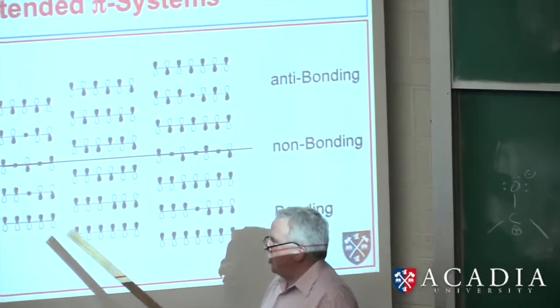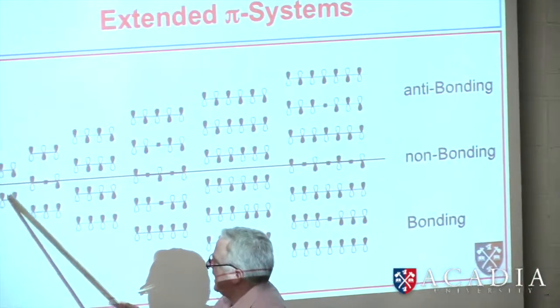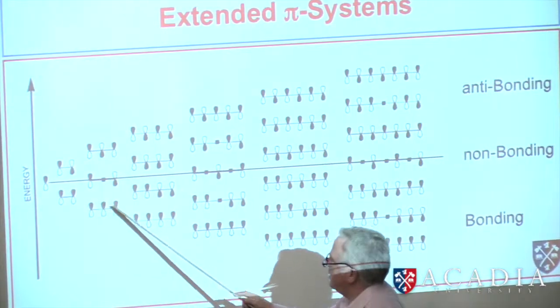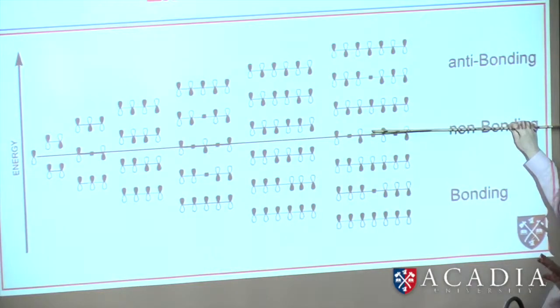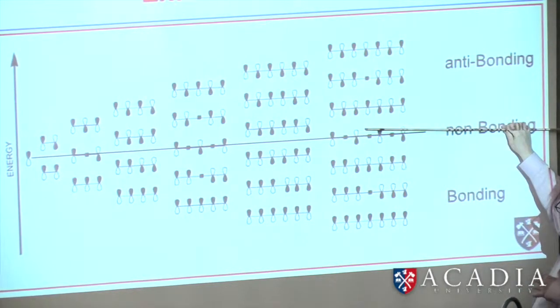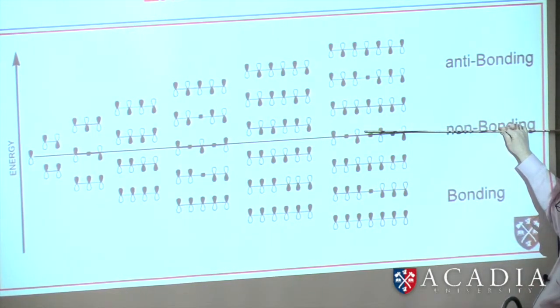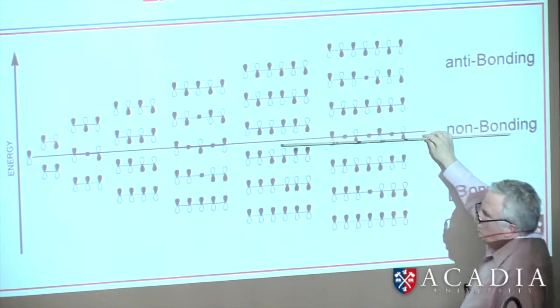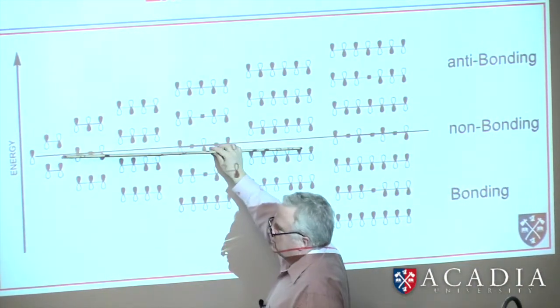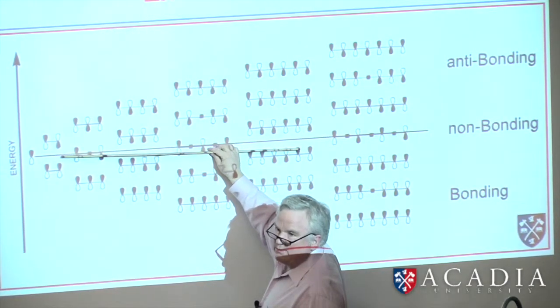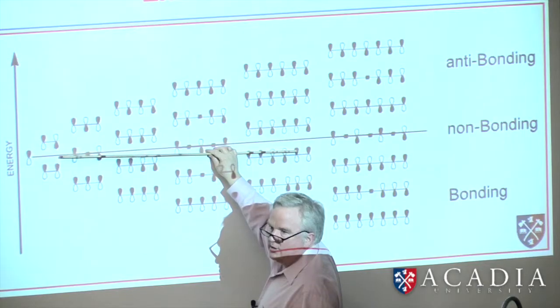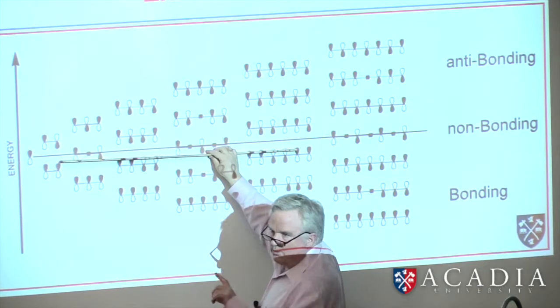And again, you'll notice that down here, these are all what we call bonding orbitals. This is the level of just a simple p orbital that has not been combined with any other orbitals. And one of our set of molecular orbitals may fall in that region. And that's always when we have an odd number of p orbitals in a row.